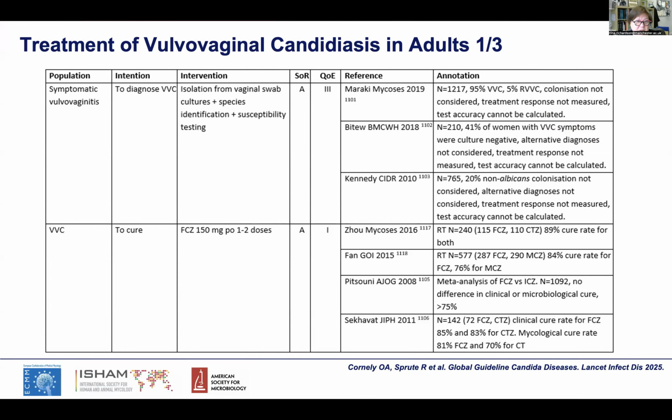The diagnostic evidence is that yes, you need to isolate the candida and do susceptibility testing and so forth, particularly when you start getting recurrent disease, so you know what you're actually facing and treating. But for an acute single episode, of course, you can treat without diagnostics.